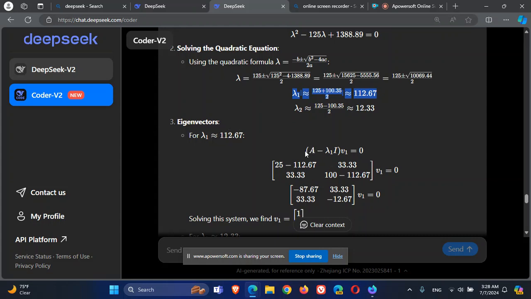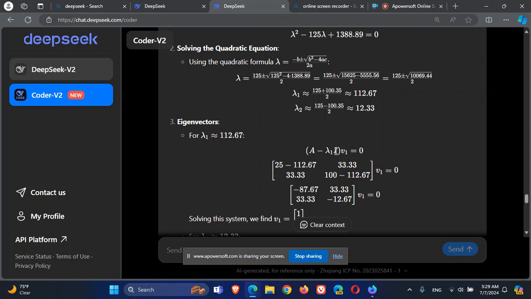So how do you calculate eigenvectors? You take this and solve it. Our matrix minus the eigenvalue times the unit matrix, all of this times the eigenvector we want to find. Let's call it v1, equals 0. Solve it and get v1 values. This is the eigenvector.